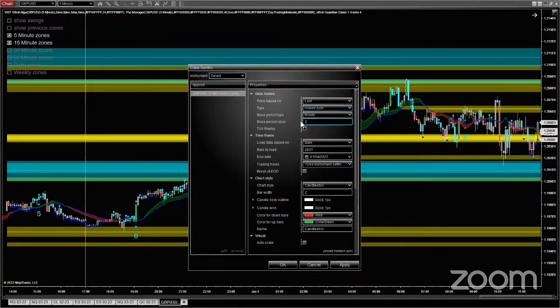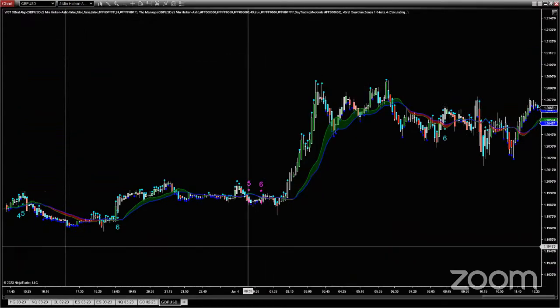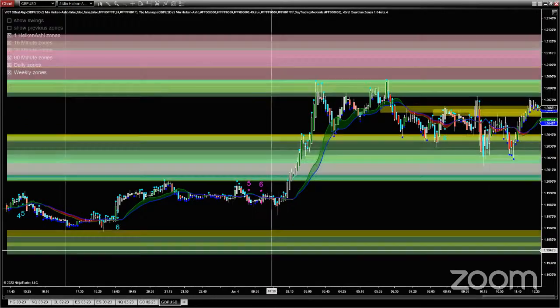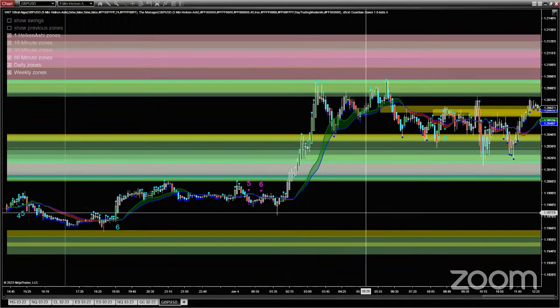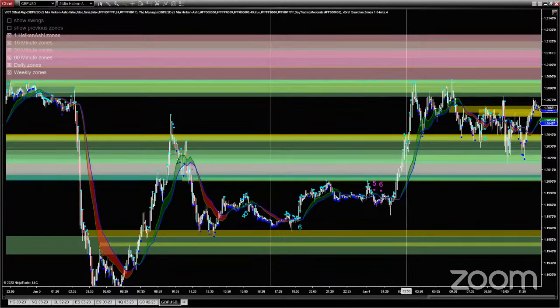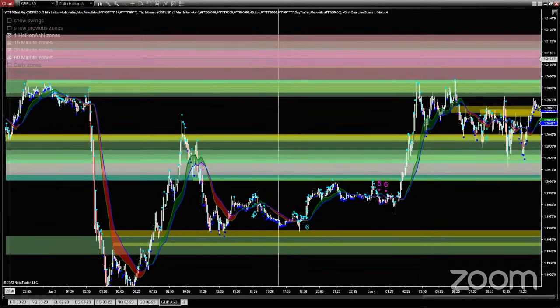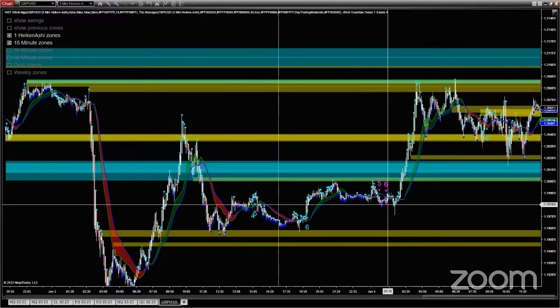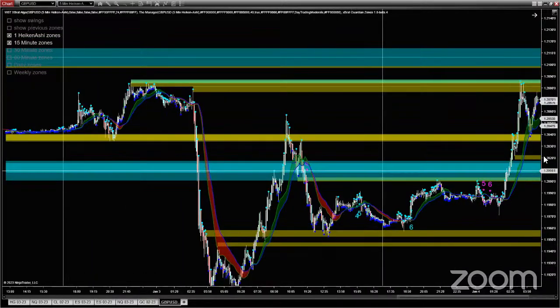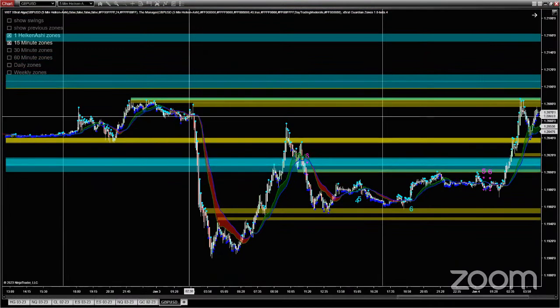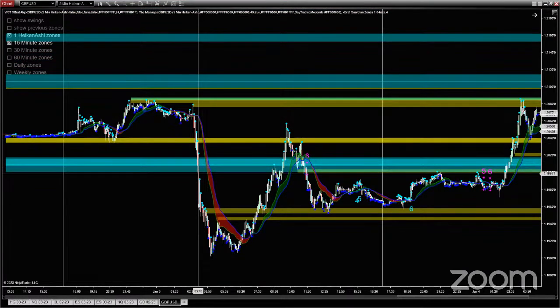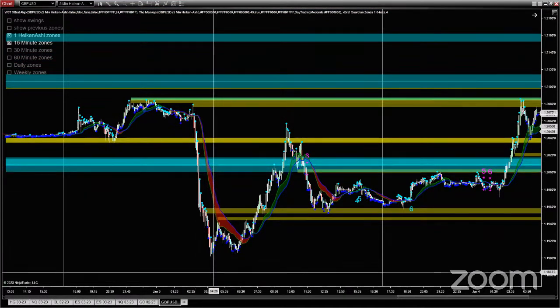I tell you what, let's put on roller coaster. There we go. Look at this when it breaks through this 15-minute zone. Boom, all the way down.